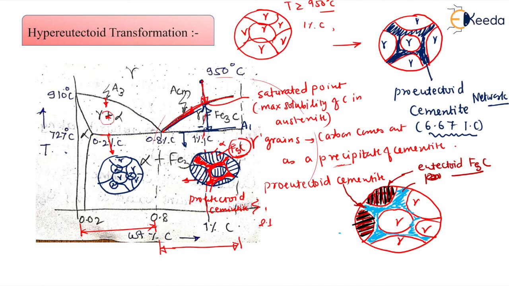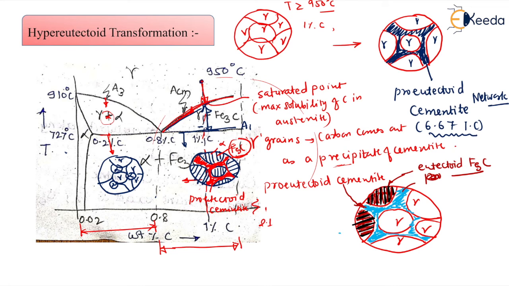Okay, so this is how we are going to get the microstructure in case of the hypereutectoid transformation, dear students.